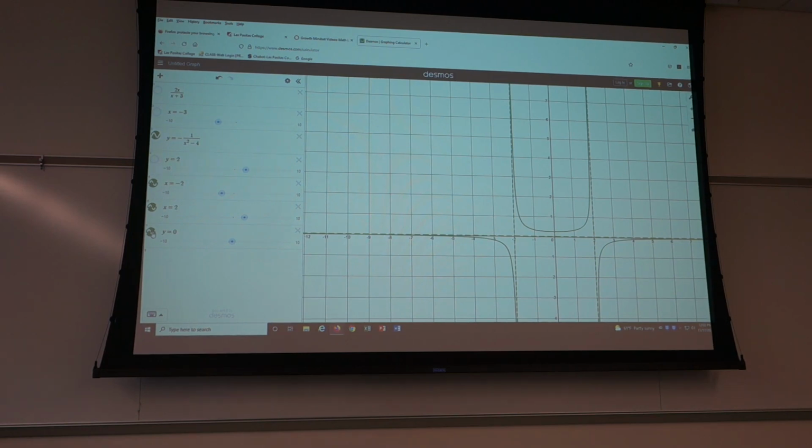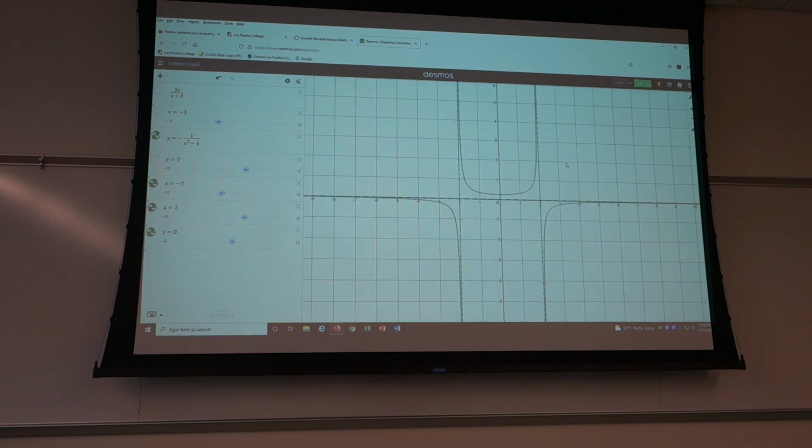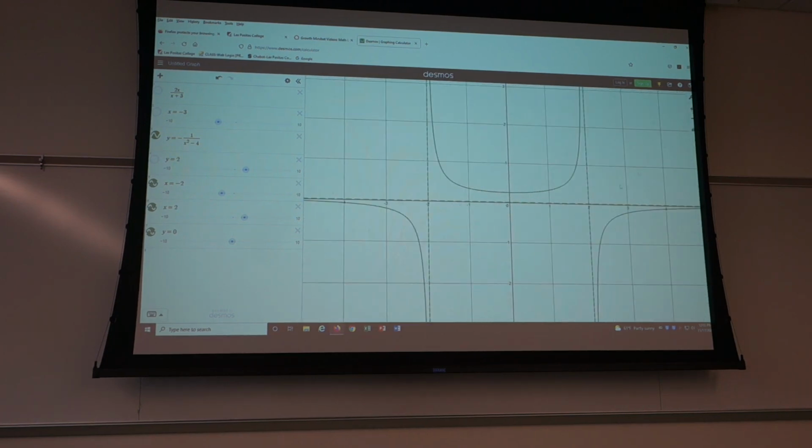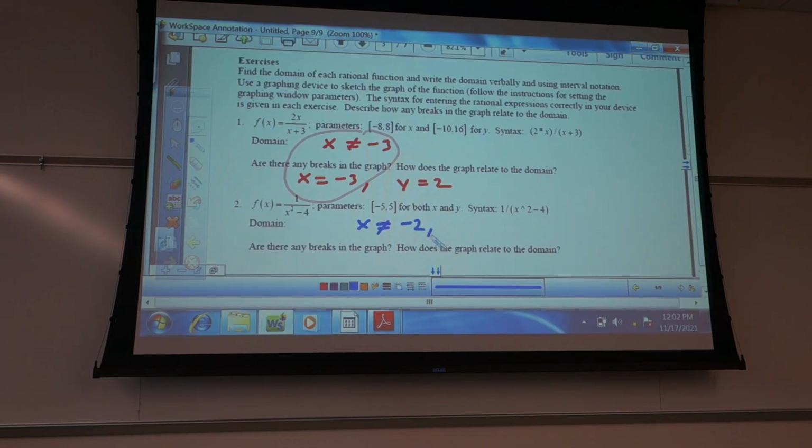So what can x not be, folks? -2 or 2. -2 and 2? Yep. X can't be -2 or 2.